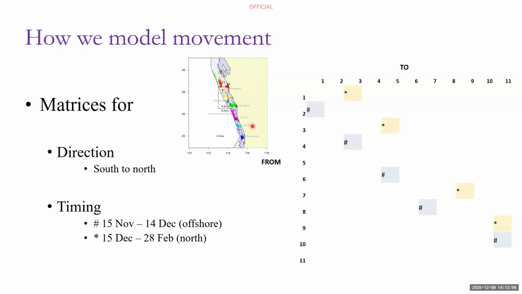We know that later on in December they will get deep enough and they'll swing north and spend the next 2 months walking northwards. So we can designate the direction in which the lobsters will move and when, using a simple matrix and using time steps to replicate when that matrix is applied.